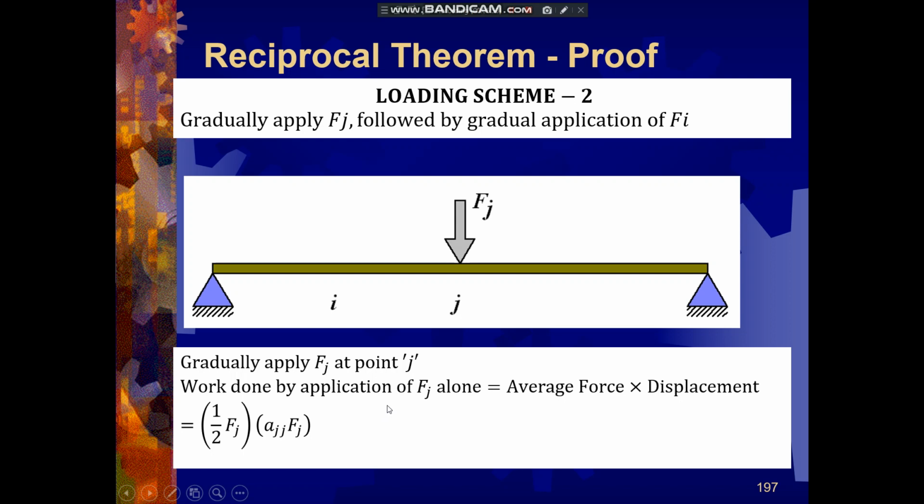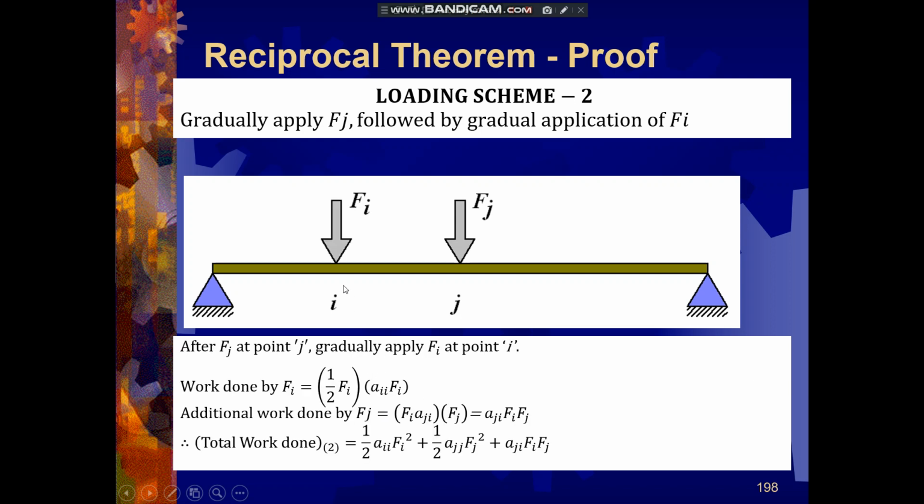Now in the next step we apply force Fi at location I here. So when this force is applied, it does some work, right? Just the same way as Fj had done in scheme 1. So the work done by Fi is half of Fi, because the force is beginning from 0 and reaching final.